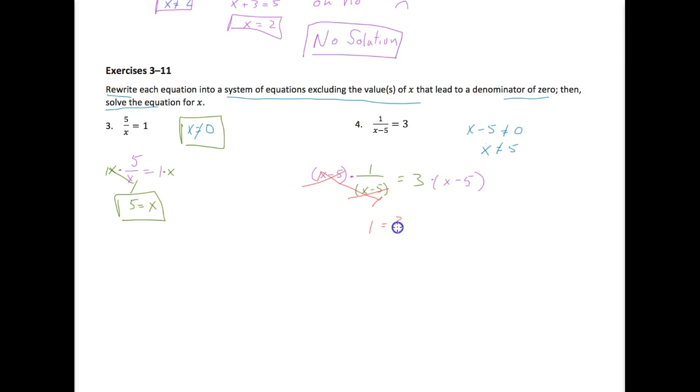1 equals 3 times x minus 5. 1 equals 3x minus 15. Let's go ahead and add 15 to both sides. Plus 15, plus 15. All we get is 16 equals 3x. We start to get nervous. We don't like it, but you know what?